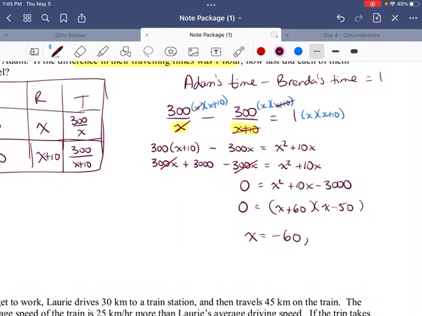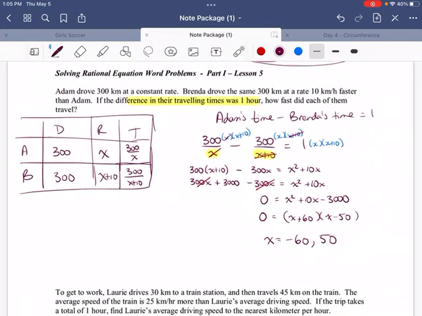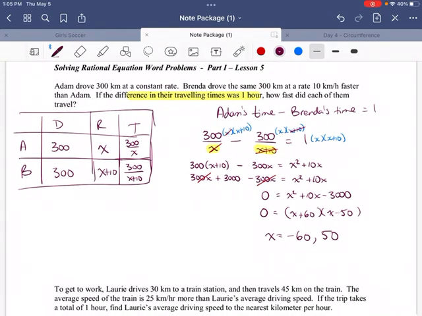Well, what makes sense here? This is a rate. So Adam is driving negative 60 kilometers an hour or positive 50 kilometers an hour. Well, the negative rate doesn't make sense, so we're going to cross out the negative 60.